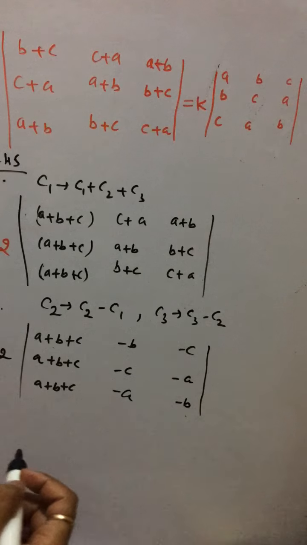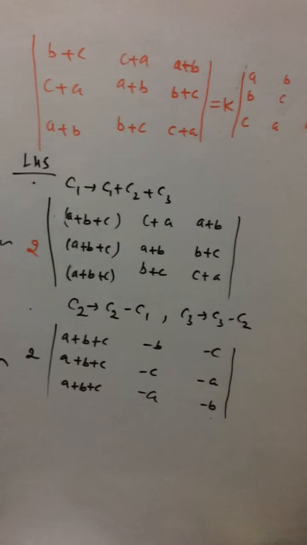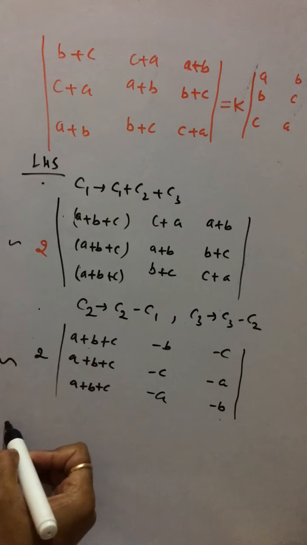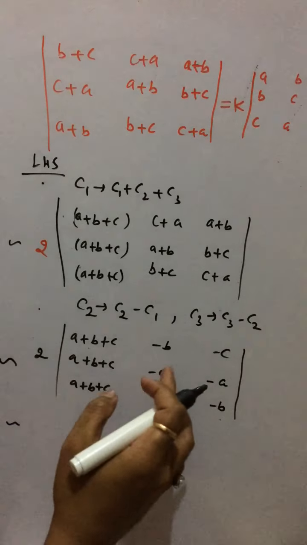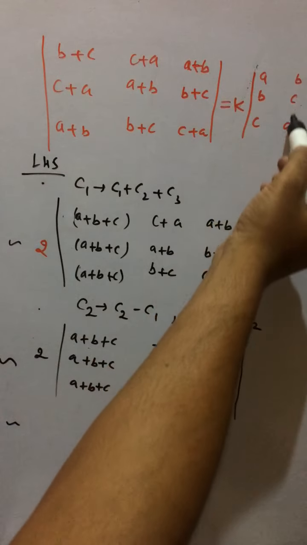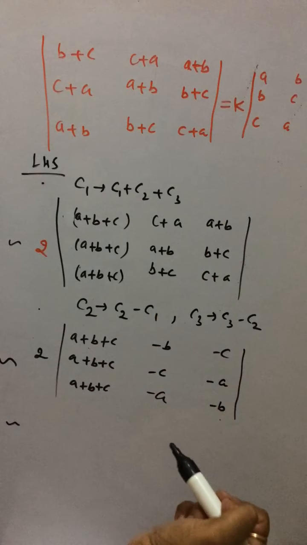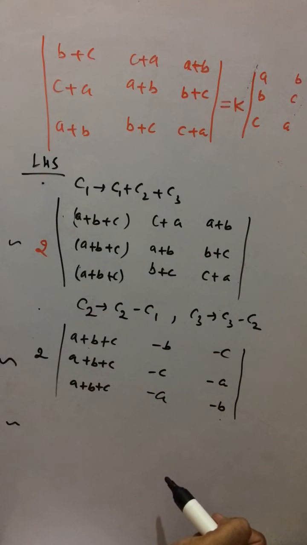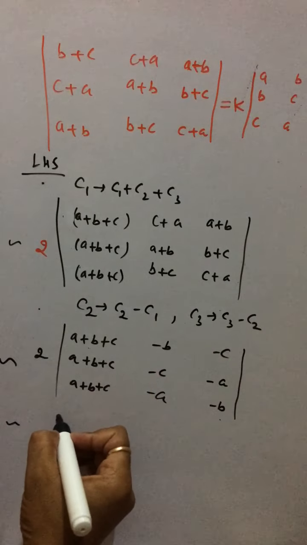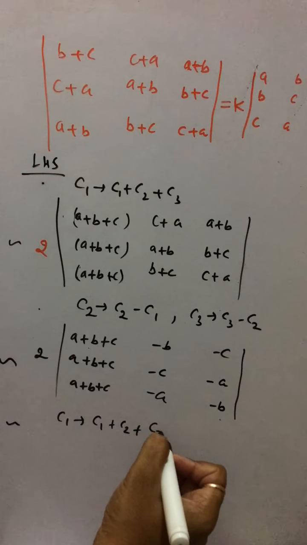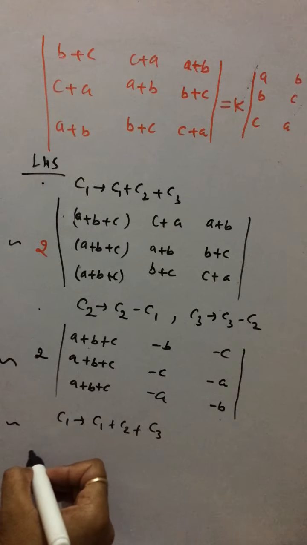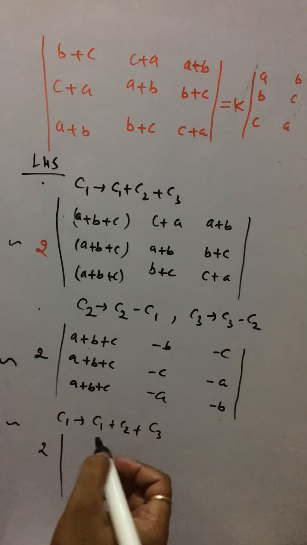Then what do you have to do? You need to again apply C1 changes to C1 plus C2 plus C3. So what would you get here when you apply this?